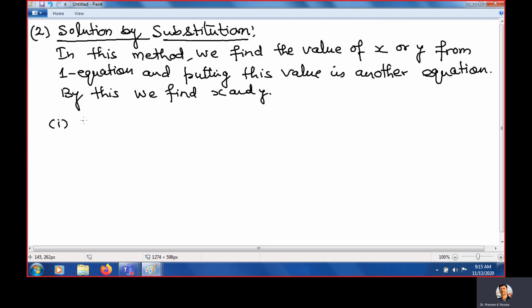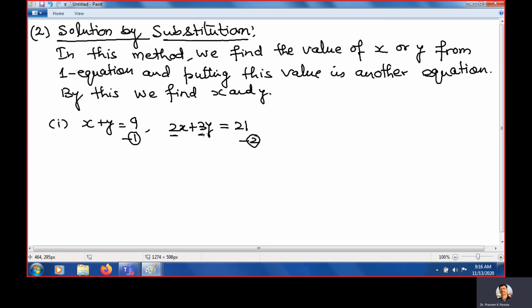Example number 1. It is x plus y equals to 9 and 2x plus 3y equals to 21. Clear? So how are we going to do it? Look here. In equation 2, coefficient 2 is written, coefficient 3 is written.